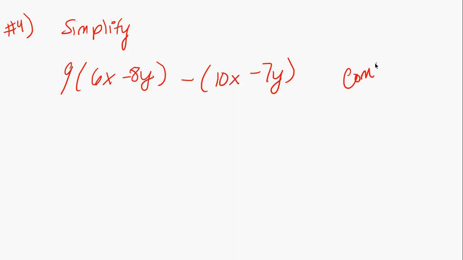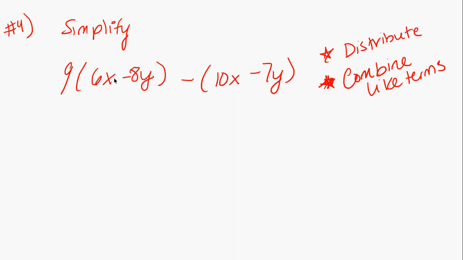So our goal here is to make sure that we combine our like terms after we distribute. So we're going to distribute the 9. We're going to distribute the negative.